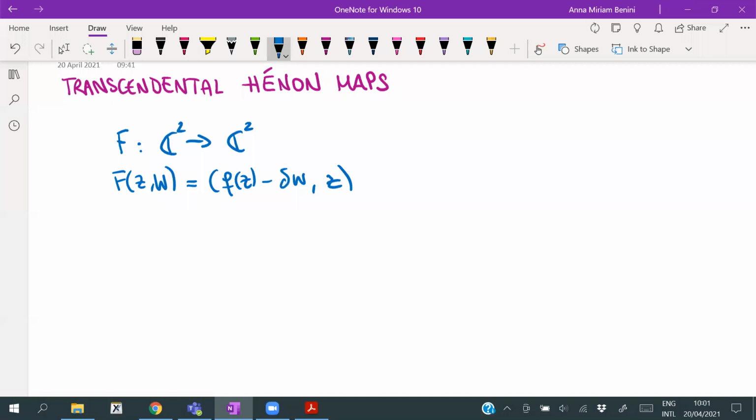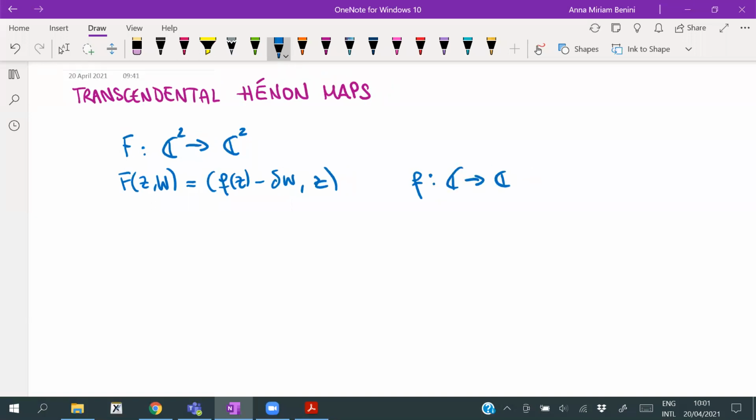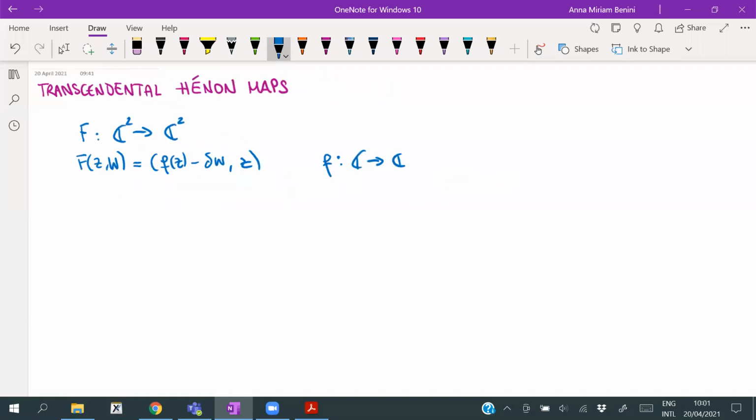And f is an entire transcendental function from the complex plane into itself. So this is really a transcendental analog of the so-called Henon maps, which have been studied a lot, in which your f, instead of being a transcendental entire map, is just a polynomial.